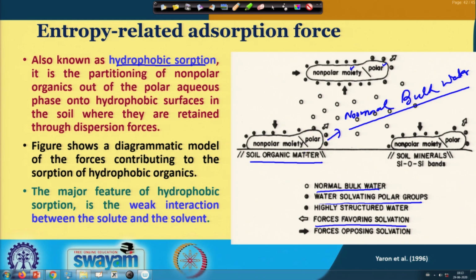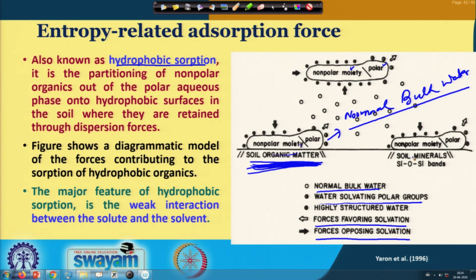However, this nonpolar moiety will feel a force opposing the solvation, obviously, because this is hydrophobic in nature. And you can see here the hydrophobic sorption is occurring onto the soil organic matter, which is by default hydrophobic in nature. So, this soil organic matter has the capacity to separate out this nonpolar moiety from the mixture of the polar aqueous phase, and this is known as hydrophobic sorption.